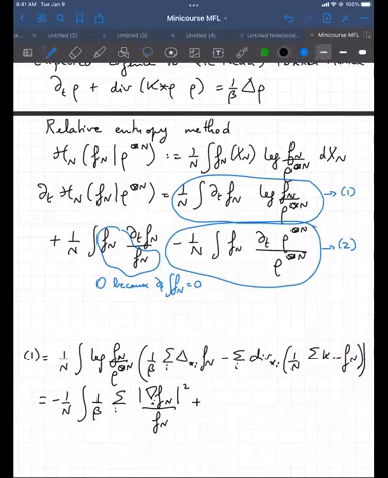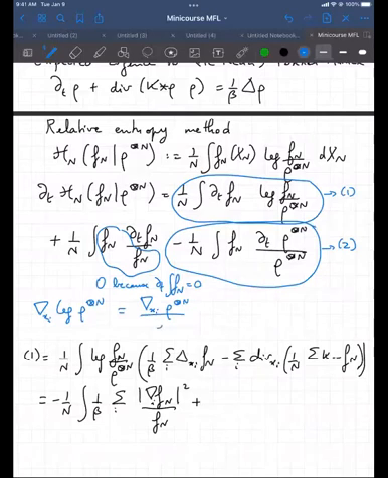Like a remark, which is that when you compute the gradient with respect to variable i of log of rho tensor n times, you're computing the gradient of rho tensor n times divided by rho tensor n times.